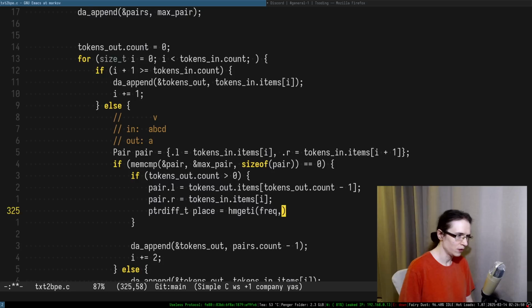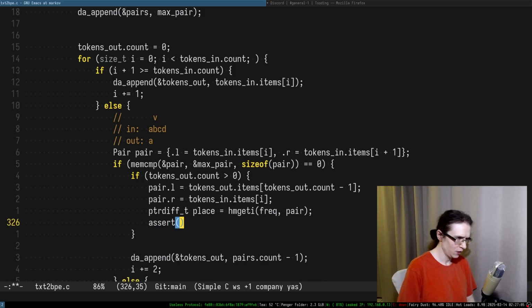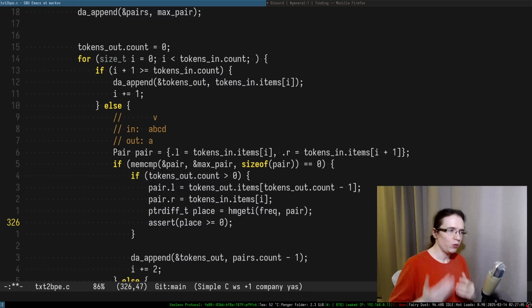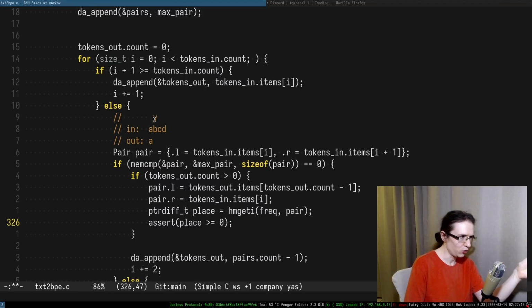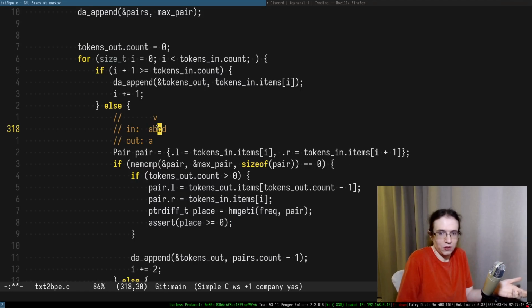All right, but here's an interesting thing. Will that pair exist? If it occurs in the output, that means it does exist in the table. So we can assert that place is greater or equal than 0. Because if it isn't, that means we made a mistake somewhere. In this particular situation, that pair must exist in the table, right?